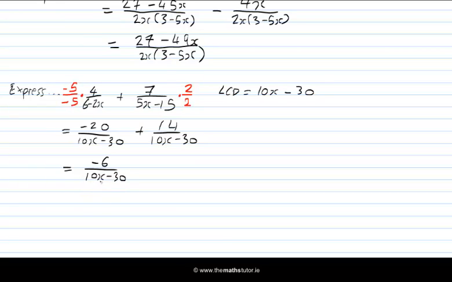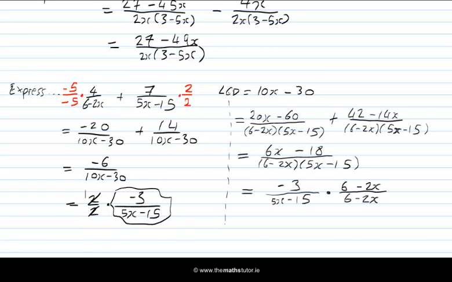But this isn't quite the simplest form because we can factor out a 2 from everything. So we get 2 over 2 times minus 3 over 5x minus 15. So then those 2's will divide by each other and get a 1, so our final answer is this.